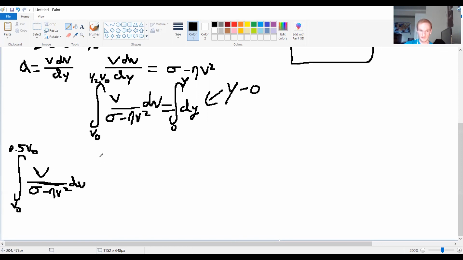So using u substitution, we want to say that u is equal to sigma minus n v squared, and then if we take the differential, du dv. Oh boy, that looks too similar. That's the u right up there on top.